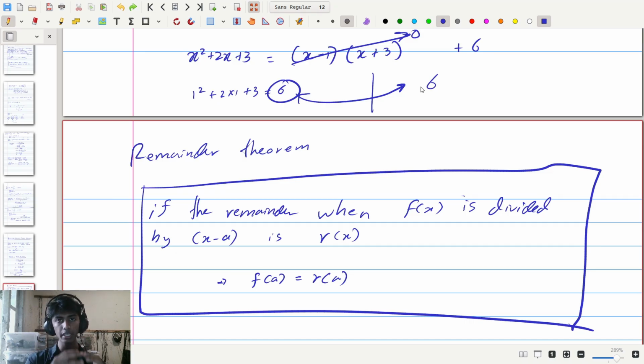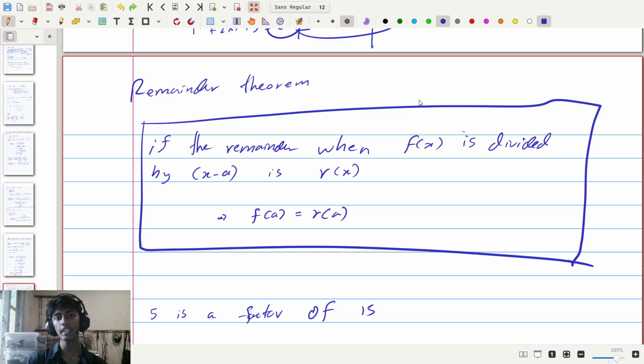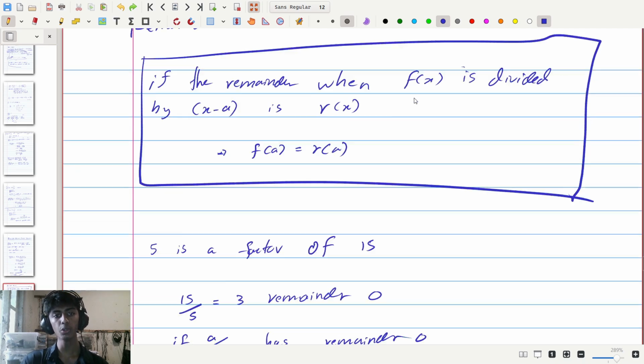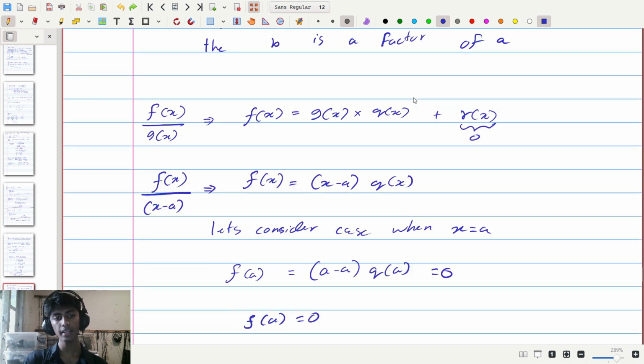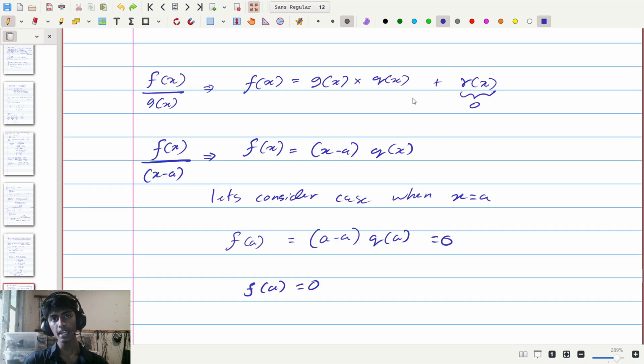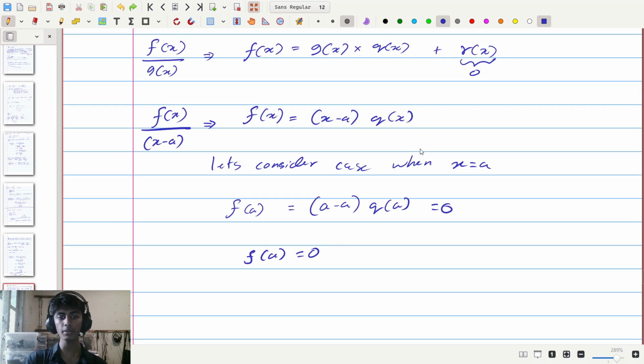If p(x) divided by q(x) has remainder 0, that means q(x) is a factor of p(x). Using this, we derived that if f(x) divided by x minus a has remainder 0, then f(a) is 0. And we call this the factor theorem.